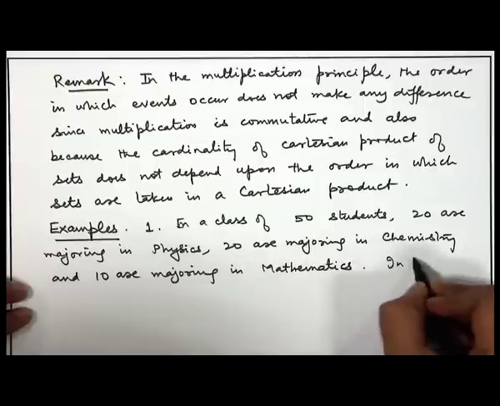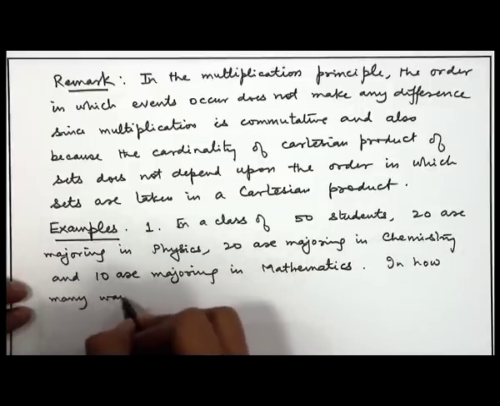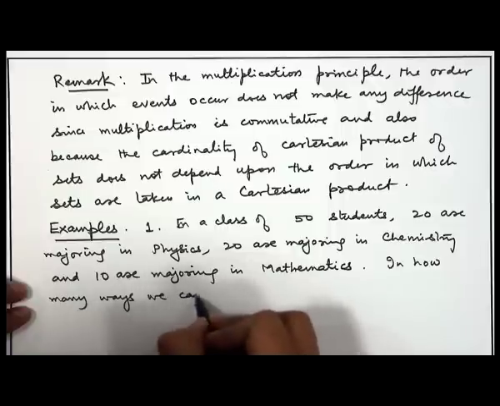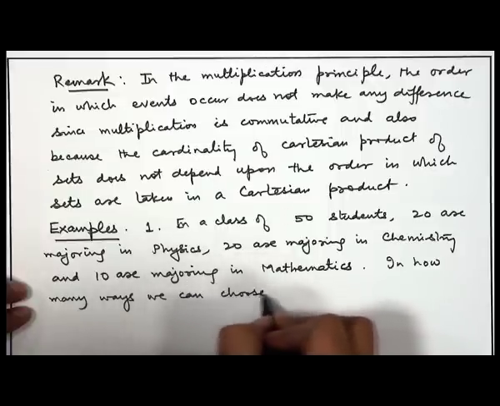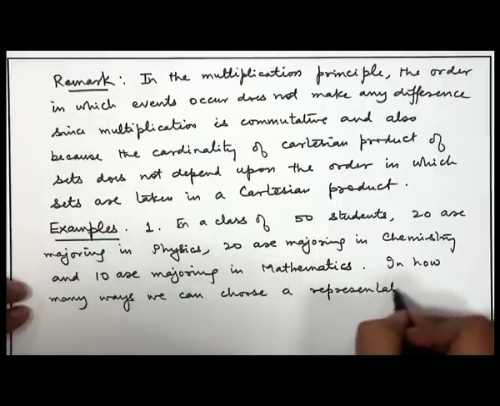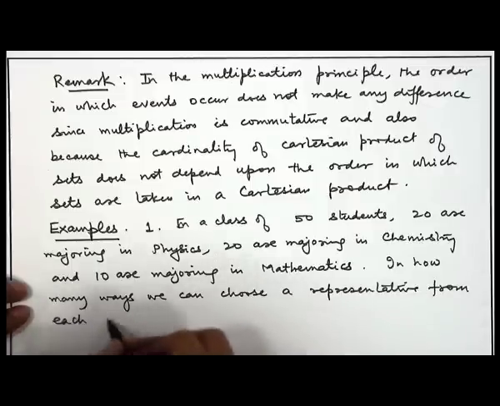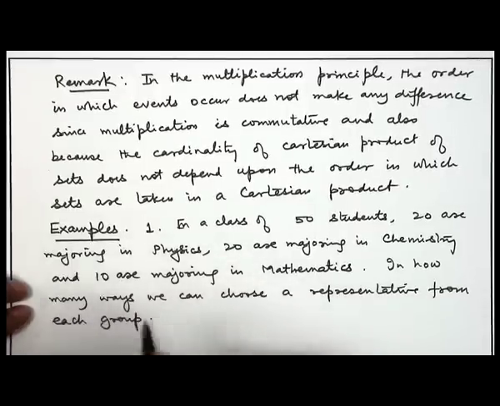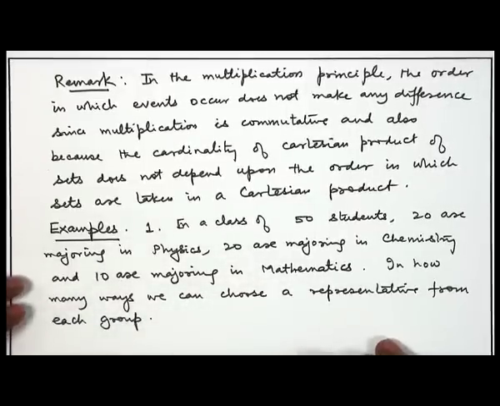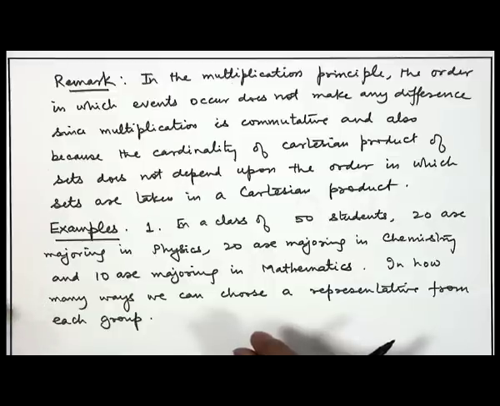So, in how many ways we can choose a representative from each group. So, we want to have 3 representatives in such a way that one is from physics, one is from chemistry, and one is from mathematics.